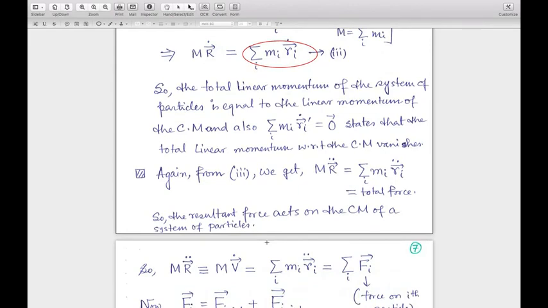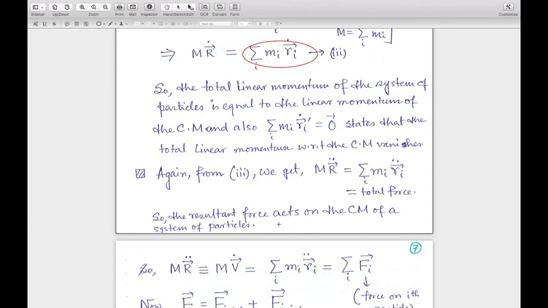This means that we can always think in an equivalent manner that the total resultant force really acting on the system can be thought of as a representative force acting on the center of mass position, and always the assumption is that some imaginary particle having the total mass of the system is situated there.